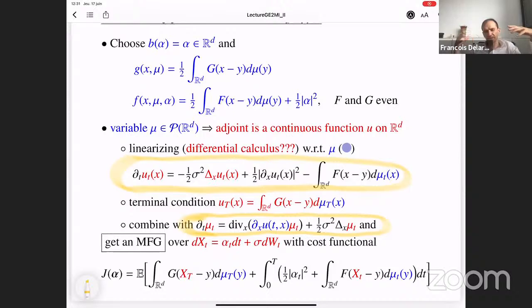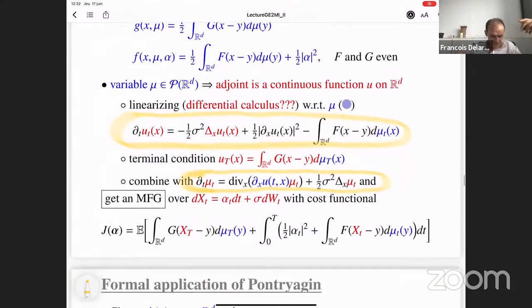So there are many similarities in the tools, but even more, they are really connected in the sense that the critical points of my optimal mean-field control problem are the equilibria of some mean-field game.